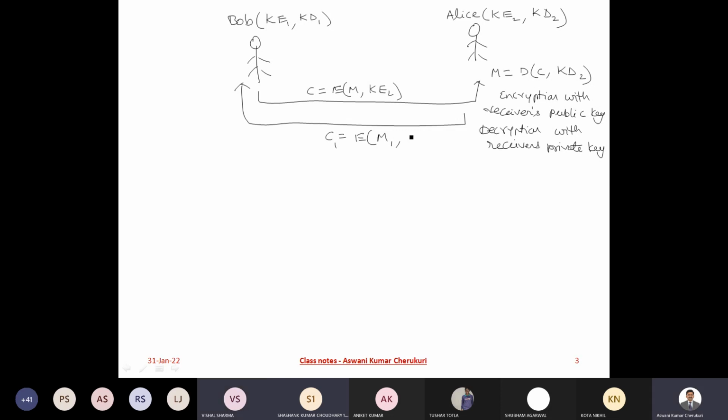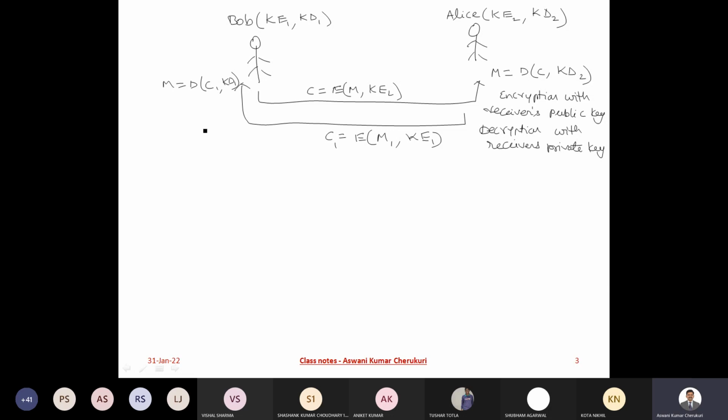KE1. At the receiver, Bob, decrypts it: D of C1, and the key is KD1. So we are using encryption with the receiver's public key and decryption with the receiver's private key.